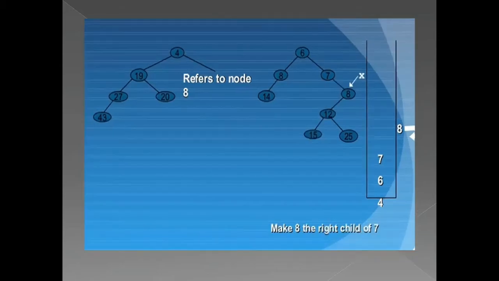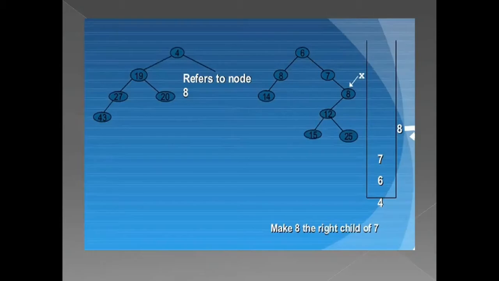Why do we have to do that? Because here the rank of 7 is more than the rank of 8 on the left subtree. The rank of 8 is 0, and the rank of 7 is 1, which violates the property of a leftist tree.